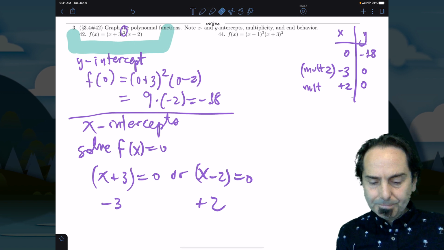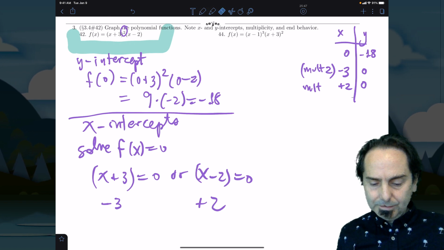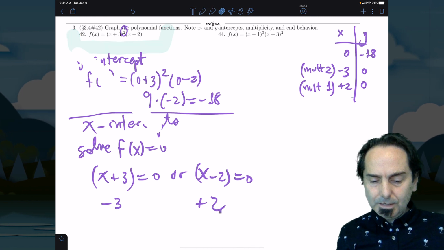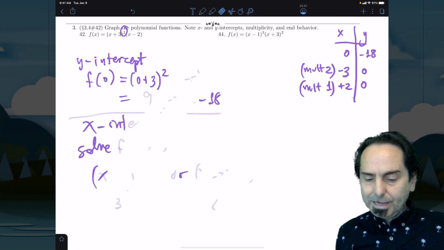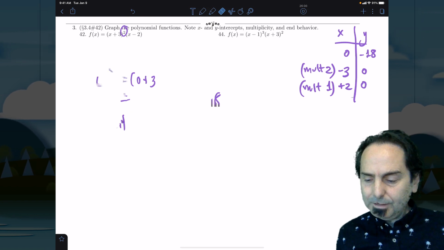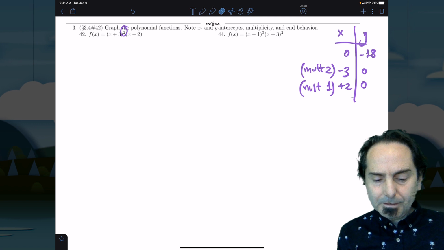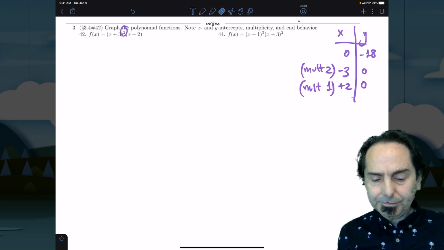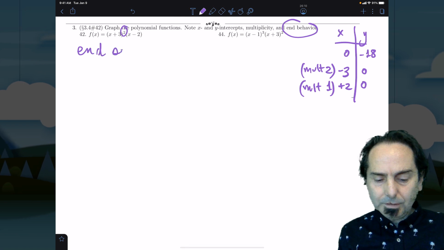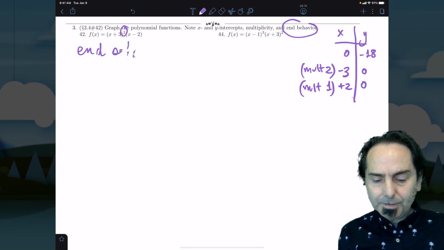Let's erase some things and get some more space. Okay. So we have the x and y intercepts and the multiplicity. Let's just go to the end behavior. For the end behavior, what we need is the leading term.